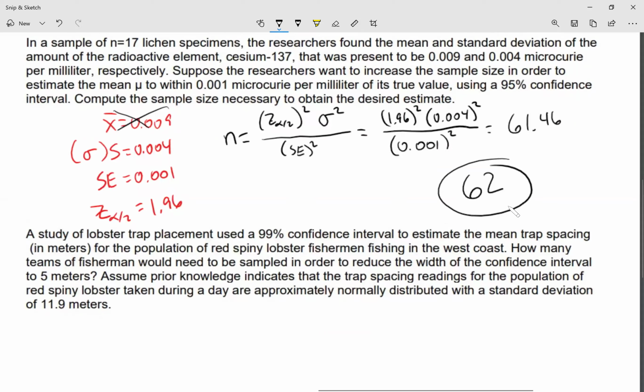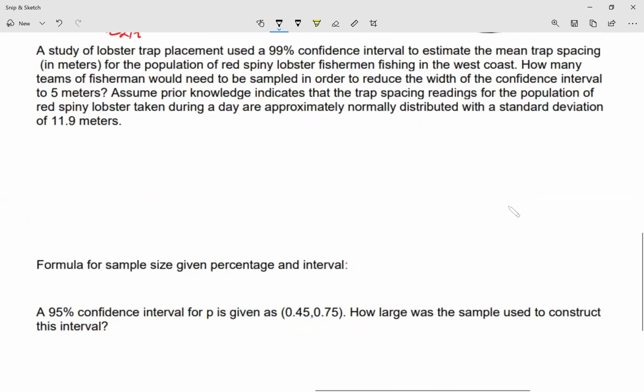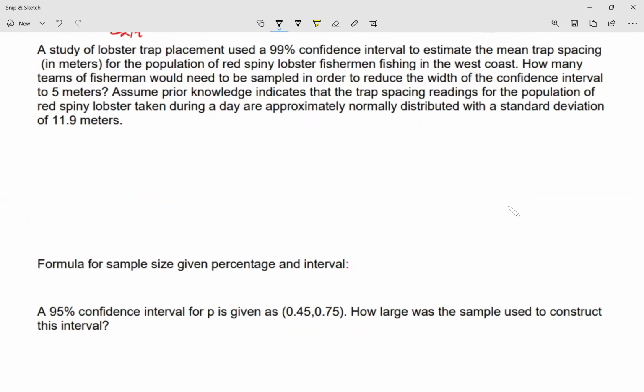Okay, now a study of a lobster trap placement used a 99% confidence interval. Okay, let me see my information that I'm getting so far. 99% confidence interval, that means I have a C-score. According to our table from last week, my C-score is 2.575.